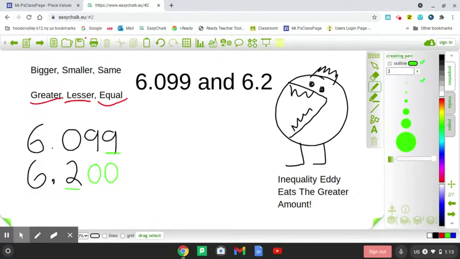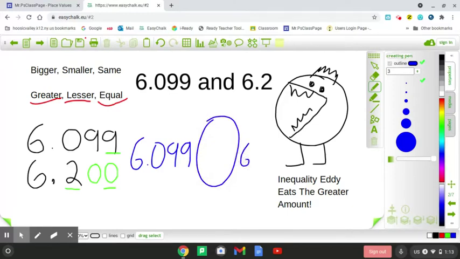Now when we read them, 6 and 99 thousandths and 6 and 200 thousandths, we can tell that 99 parts is less than 200 parts, as long as they're the same size parts, thousandths and thousandths. That way, when we write our inequality, we can think about which one is greater than, less than, or equal to.